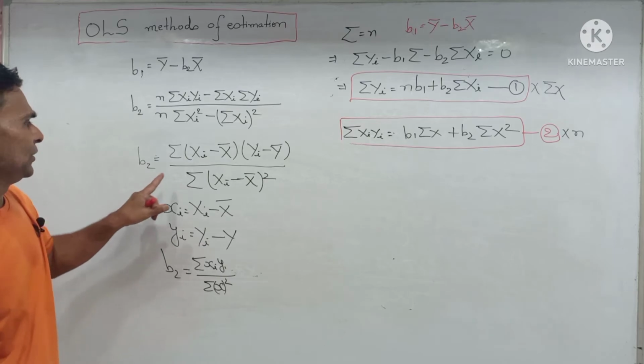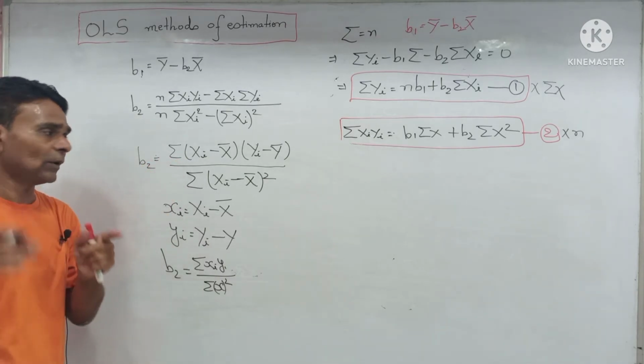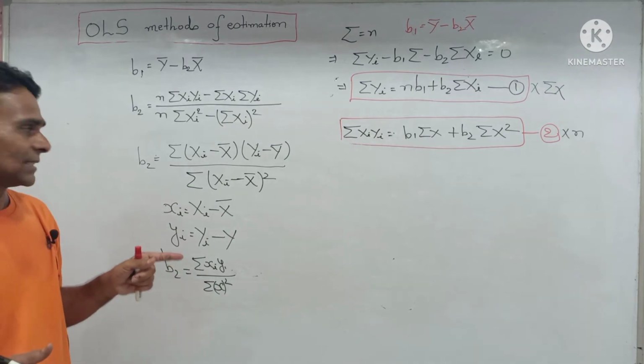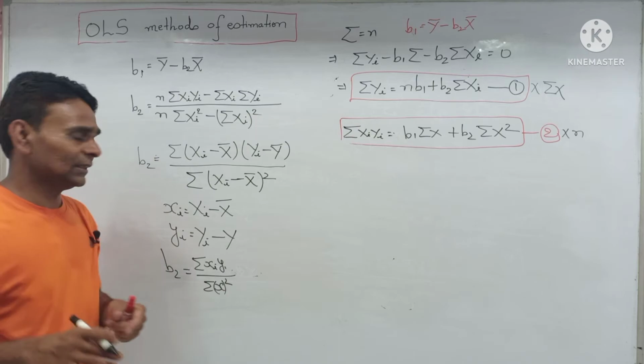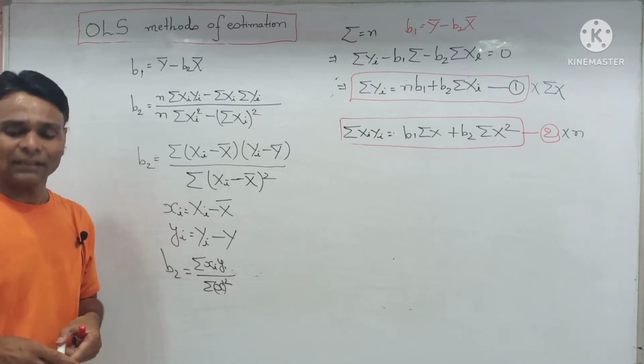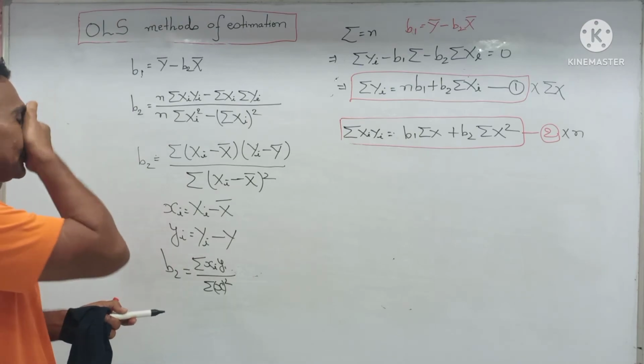Now we need to prove it. In b2, the numerator denotes covariance and the denominator denotes the variance of x.